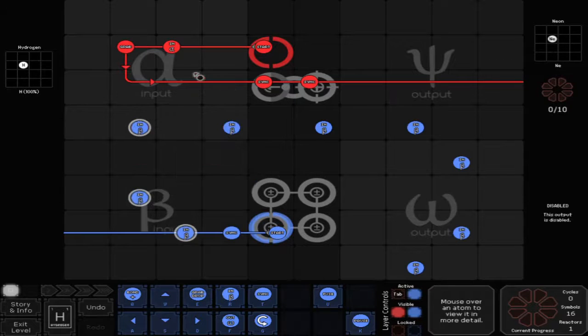Oh, wait. Nope, I do have to move the fusion laser target. Never mind.